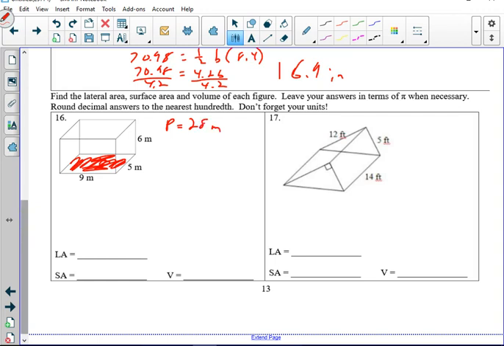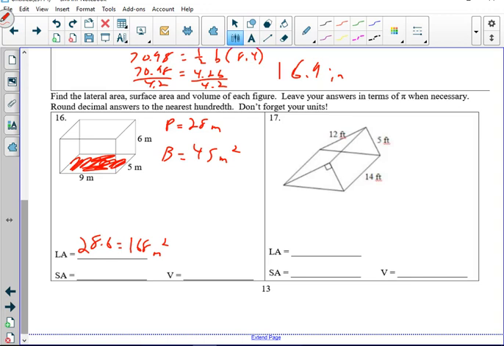So LA is perimeter of the base times the height, which is 168 meters squared. Remember, the area of the base is 9 times 5, which is 45 meters squared.